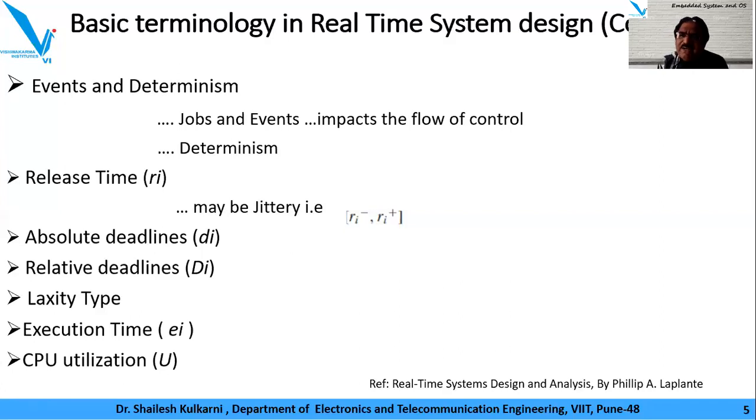As we know, most embedded systems, even real-time systems, are interrupt-driven systems. Whenever the flow of execution gets deviated because of external activities that keep changing the flow of execution, that particular activity is referred to as an event.